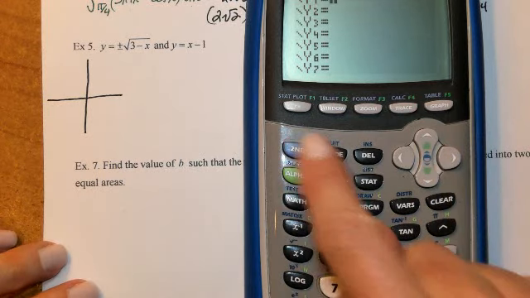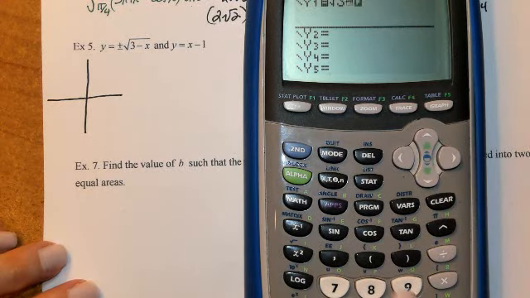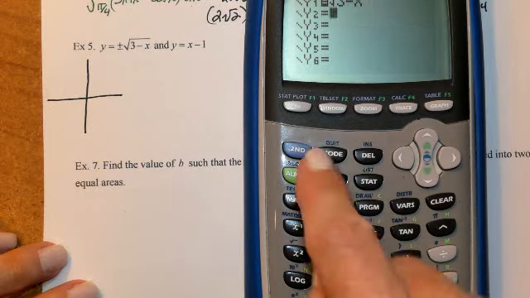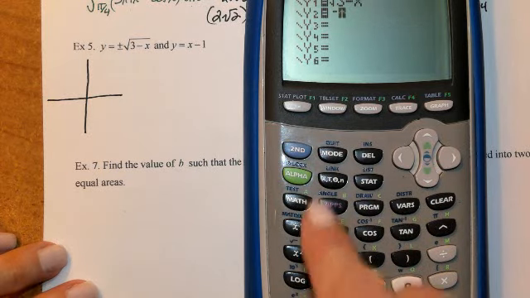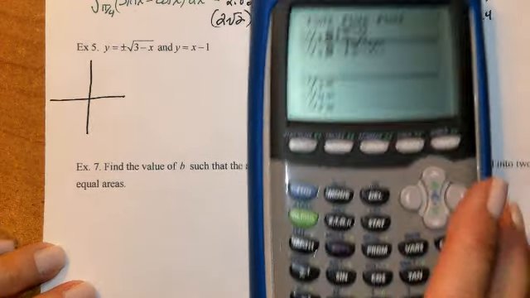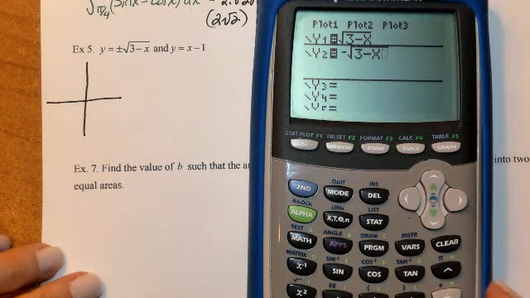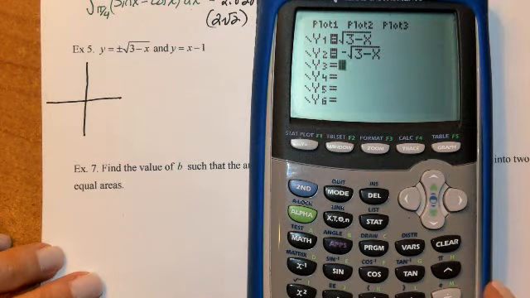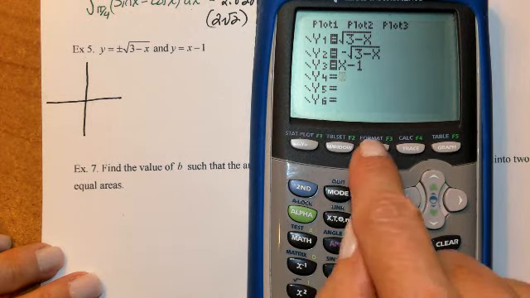So we're going to have the square root of 3 minus x, and then we're going to have negative square root 3 minus x, or you could say negative y1. Put this down so you can see it. And then we're going to have y is equal to x minus 1. That's just a line. Okay, zoom 4.